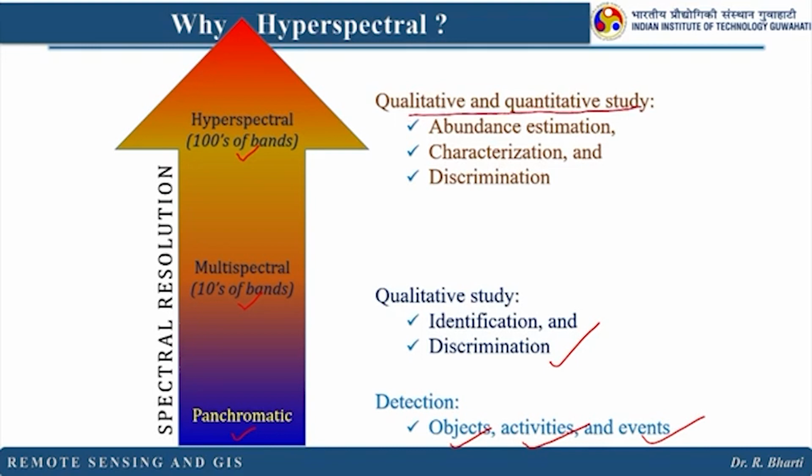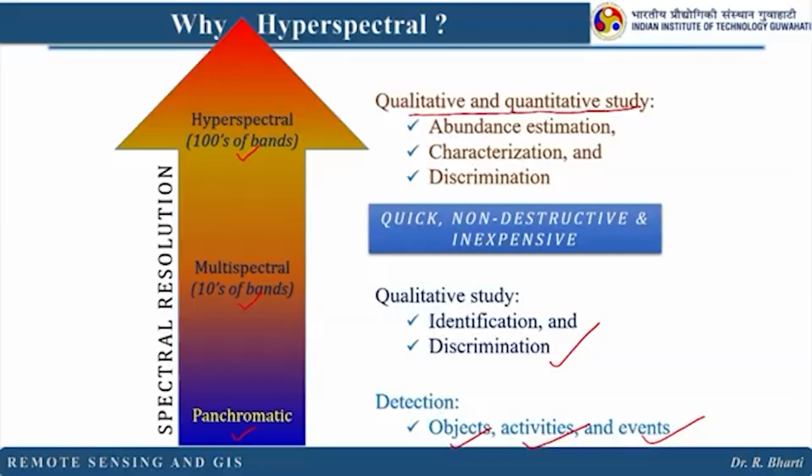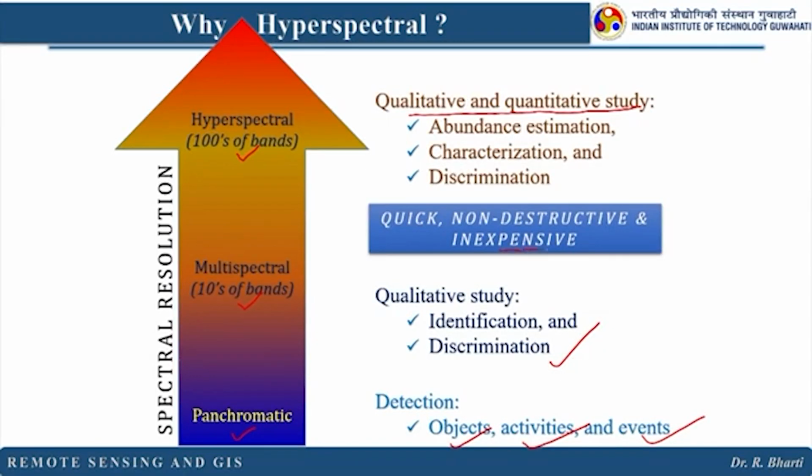Now, there is one more very unique advantage we have with hyperspectral remote sensing, that is a quick, non-destructive and inexpensive technique. Because if you are using space-borne hyperspectral sensor data, then this expense will be very less, because it is for the whole world. Now, it is quick and non-destructive. Why?